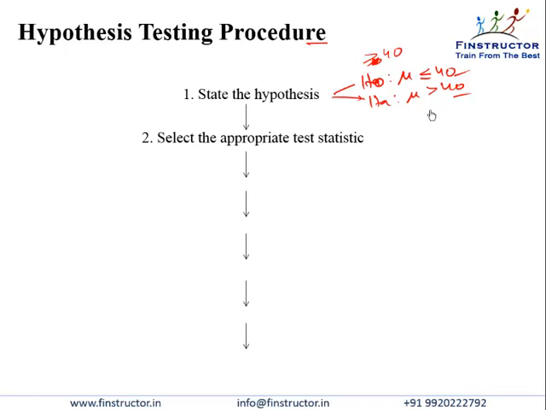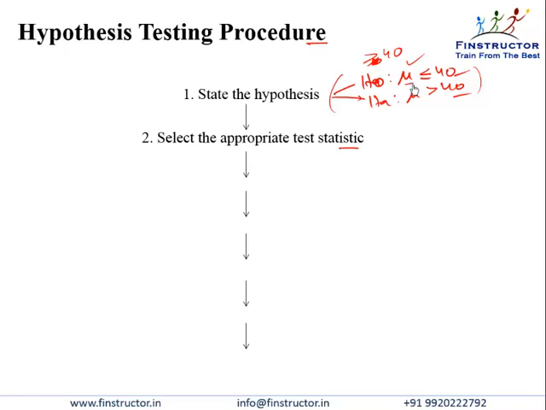The second step is to select the appropriate test statistic. Now, this will come from the hypothesis and from the parameter that the hypothesis is on. In this case, the hypothesis is on the mean of a population. And with a large enough sample, we know that mean generally follows a normal distribution.